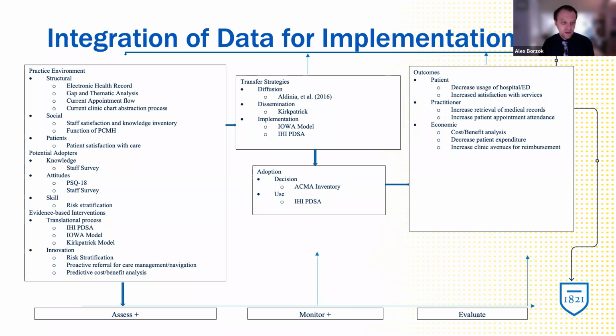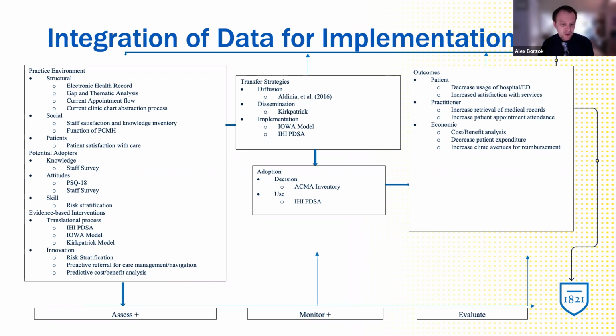The PDSA, the Plan, Do, Study, Act, is going to be utilized for the implementation to continually reassess the parts that were implemented and to make sure that they are working effectively and how they're supposed to be, and to quickly make adjustments. The Iowa model dictates this overall process of information gathering and fitting together all of the different pieces that were obtained during the literature review.